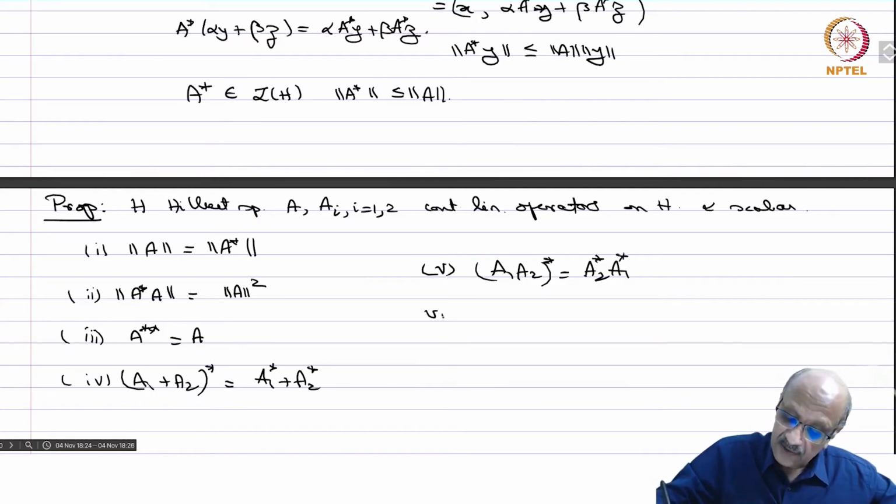And finally 6, (alpha A) star equals alpha bar A star.